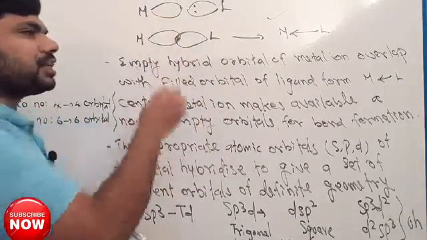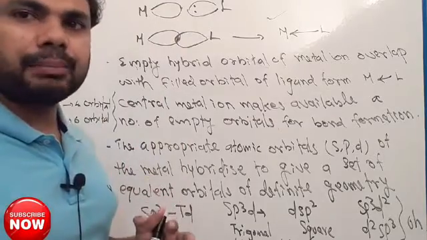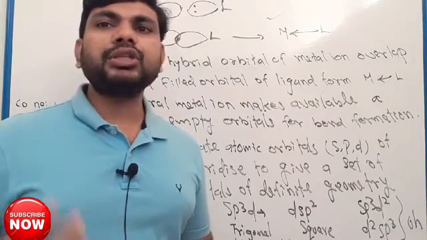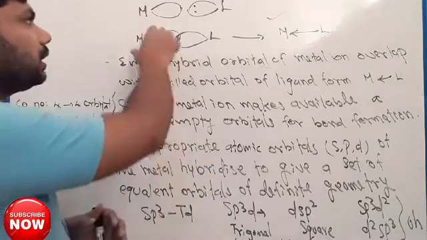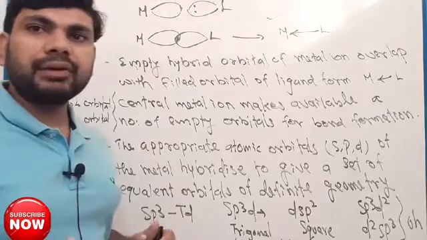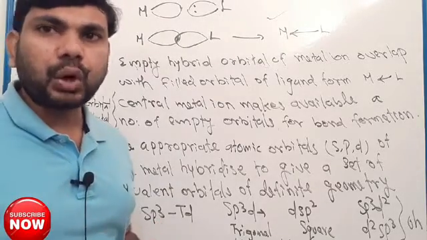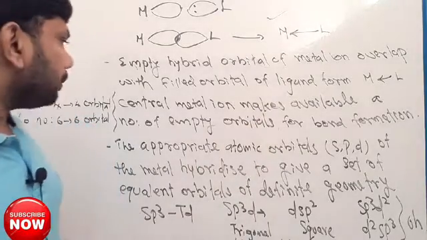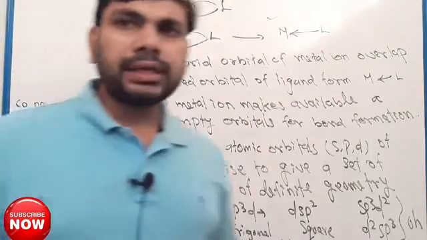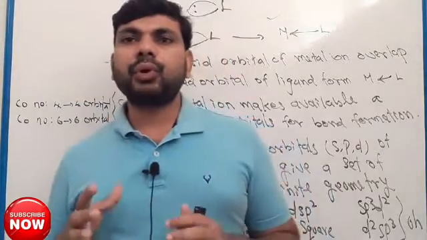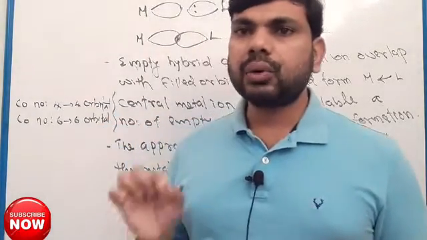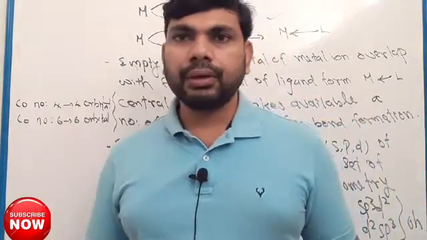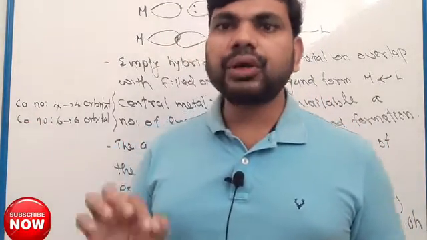The central metal atom makes available many empty orbitals to make this type of coordinate bond. For example, we discussed coordination compounds before, with coordination number 4 or coordination number 6.